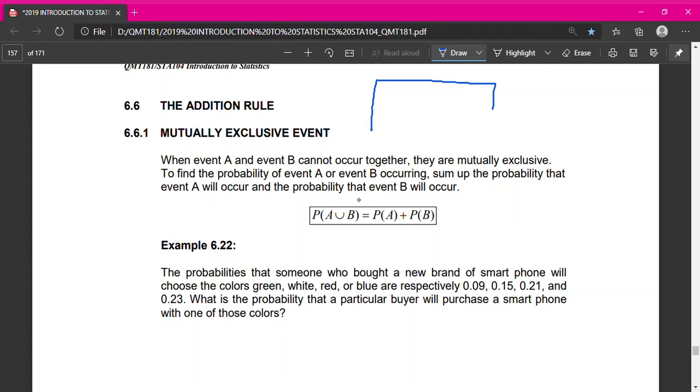Mutually exclusive means that there is no intersection between the two events. Okay, if we have event A and event B, okay, tiada intersection between these two events. So, itu dipanggil mutually exclusive event.